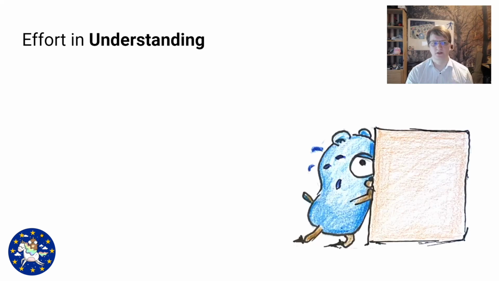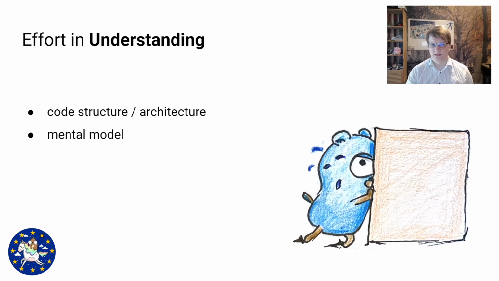The other part is understanding. There's some mental capacity that goes into understanding the code structure as it is and the architecture of the system. How does this system work in our heads? That doesn't always match up with what we have in code. Or how well we know the product itself. Do we actually know what it should be doing or how it should be doing it?